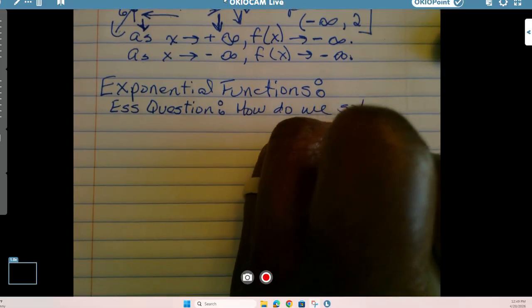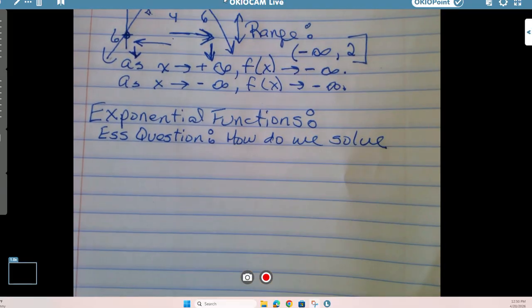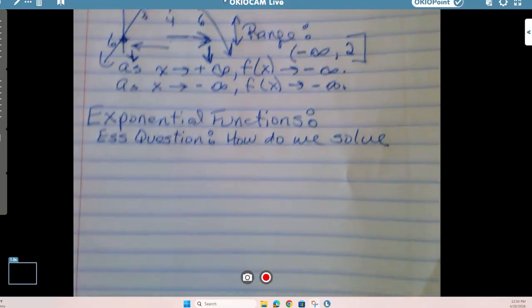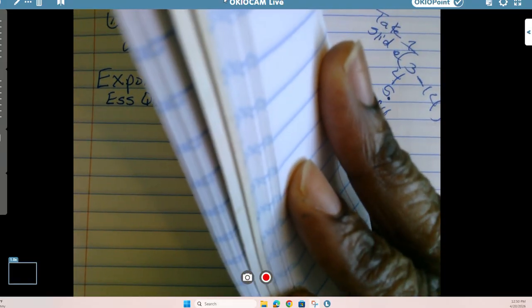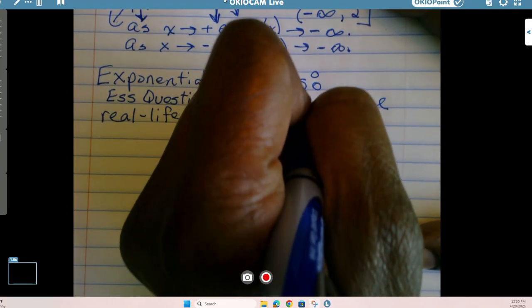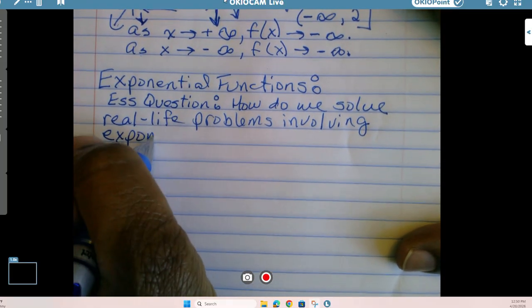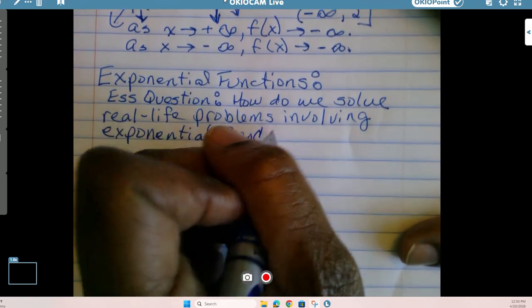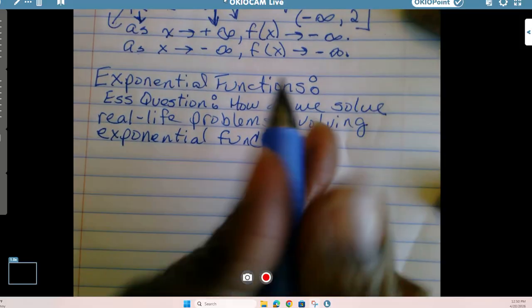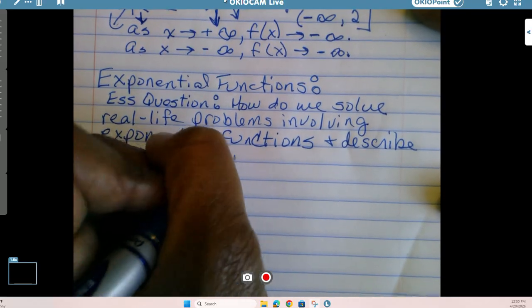How do we solve real-life problems involving exponential functions and describe the solutions in context of the situation?